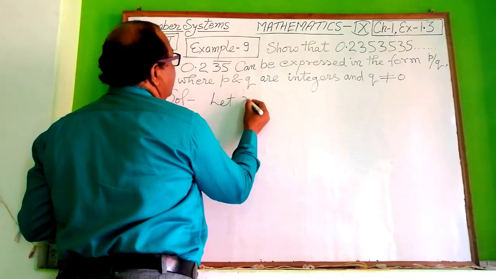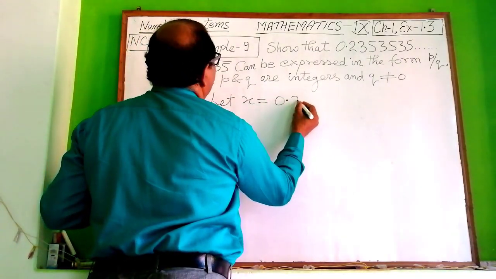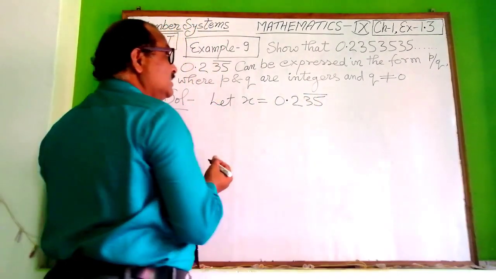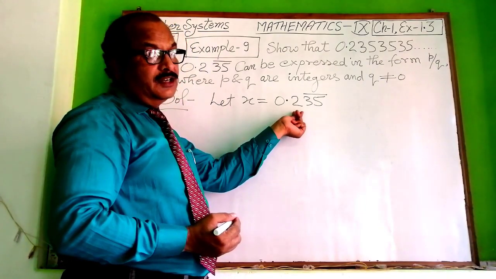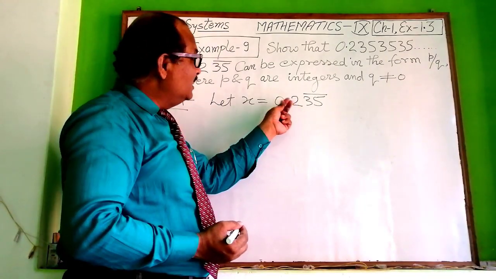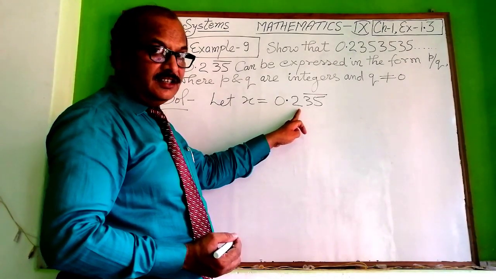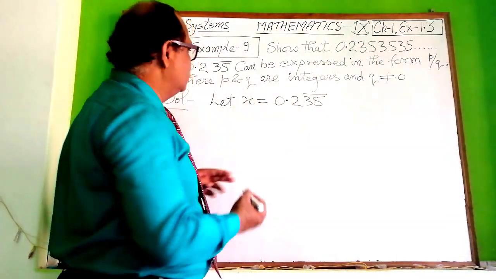First consider that x is equal to 0.235 repeating. You convert it into the previous form. Just after the decimal, the number should start repeating. Here, after the decimal, this 2 is not repeating. So we will multiply both sides by 10.